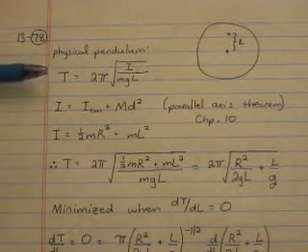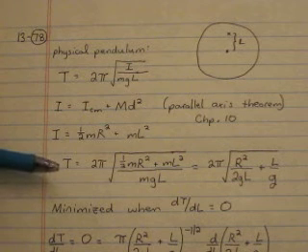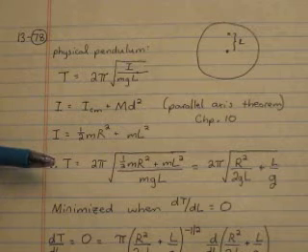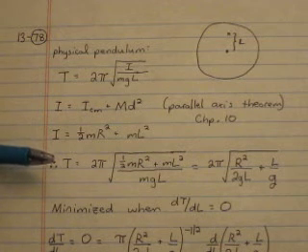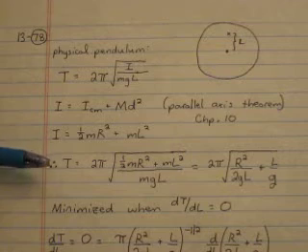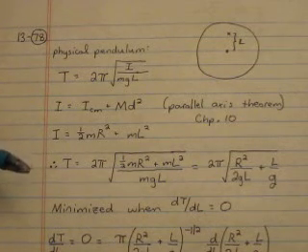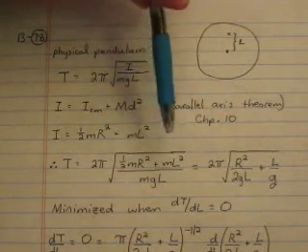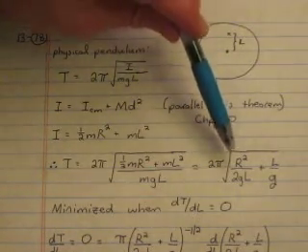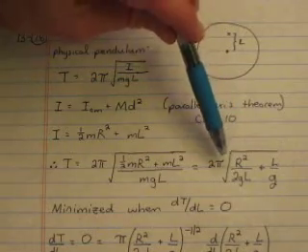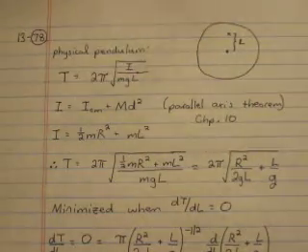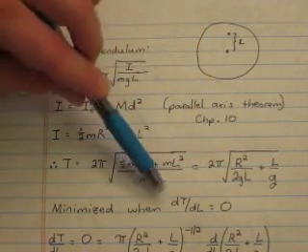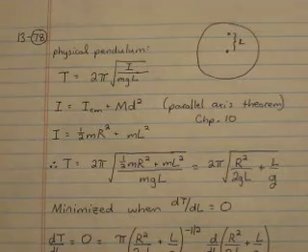Plugging that into the period equation, we now have 2 pi times square root of, and for I in the numerator, 1/2 mr squared plus ml squared, and the denominator still has over mgl. I've cleaned it up a bit. Mass divides out, and we're left with, in the radical, r squared over 2gl plus L over g. So this is the period function.